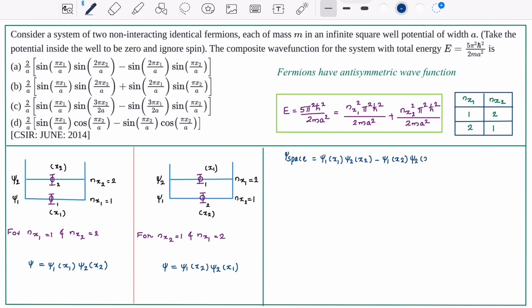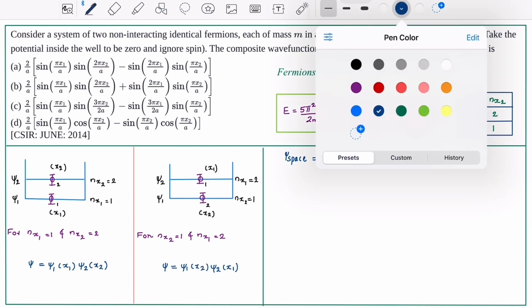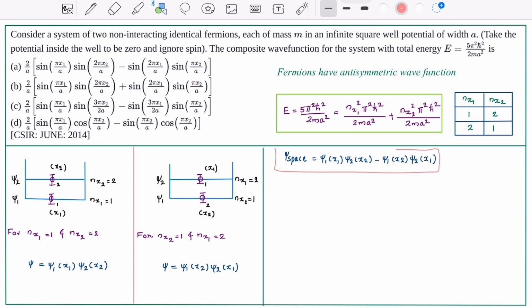Therefore ψ = ψ1(x1)ψ2(x2) − ψ1(x2)ψ2(x1). Here we have neglected the spin part because it is given in the question to ignore the spin, where ψ1(x1)ψ2(x2) corresponds to the first filling and ψ1(x2)ψ2(x1) corresponds to the second type of filling.